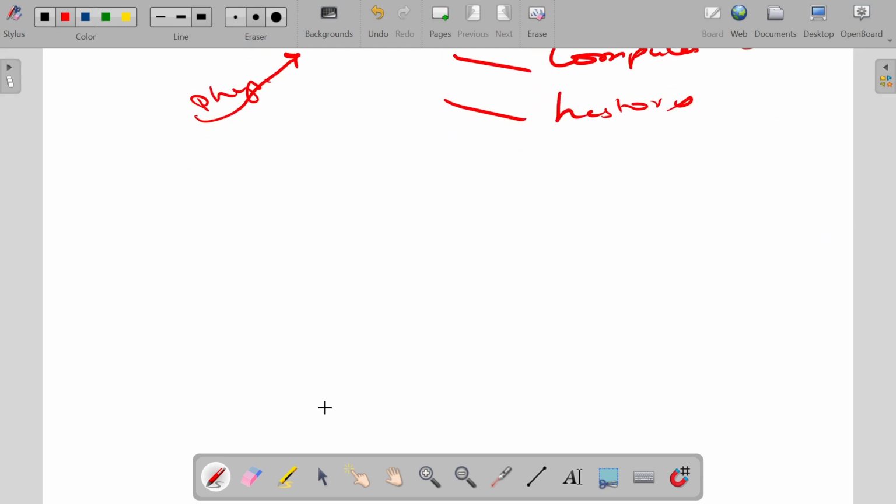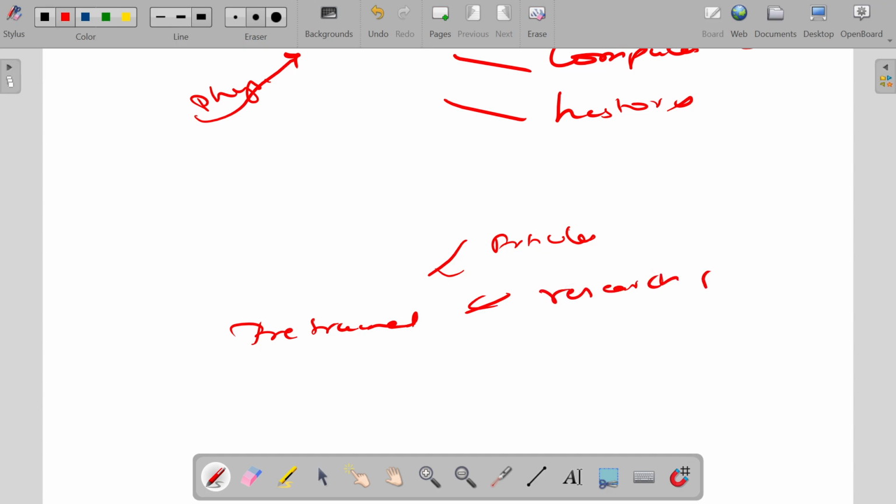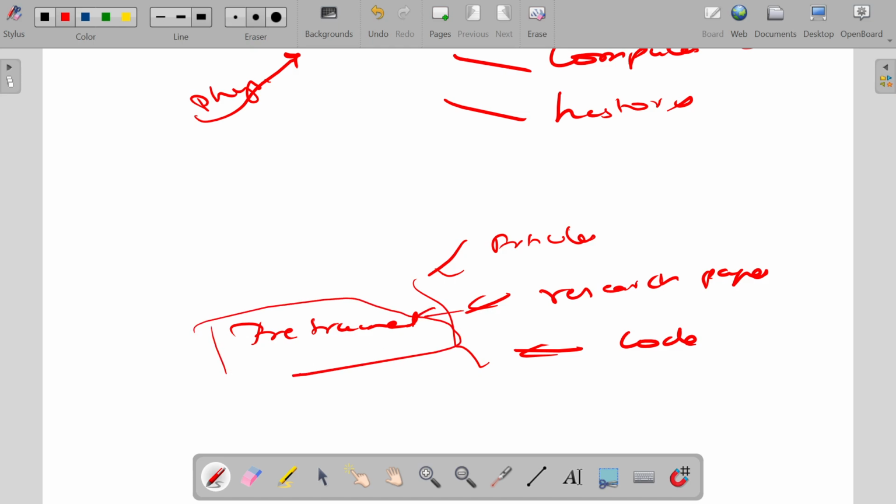Similarly, for all these pre-trained models, there are a lot of articles, a lot of research papers, a lot of code. I'm just giving some examples. Millions and billions of these are trained.